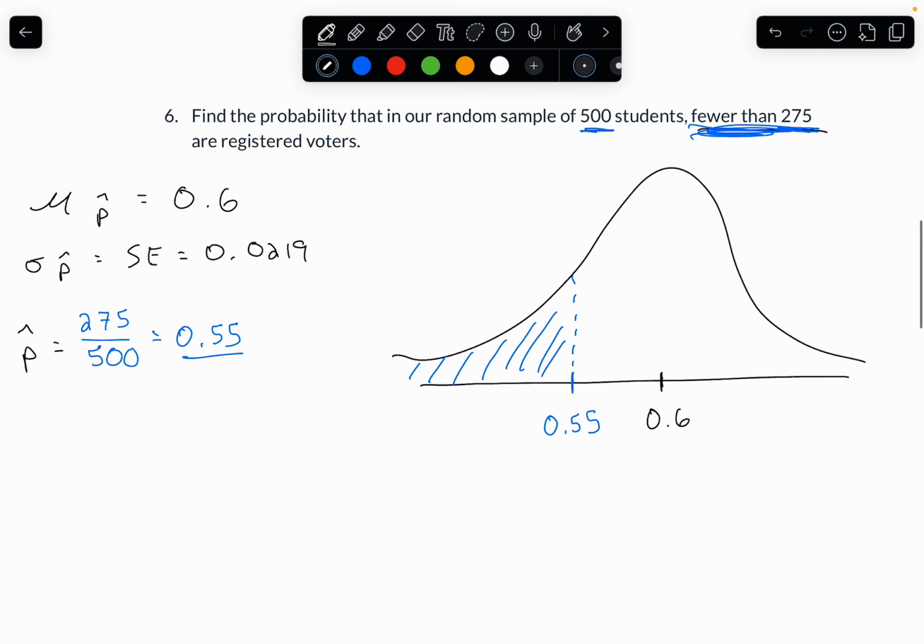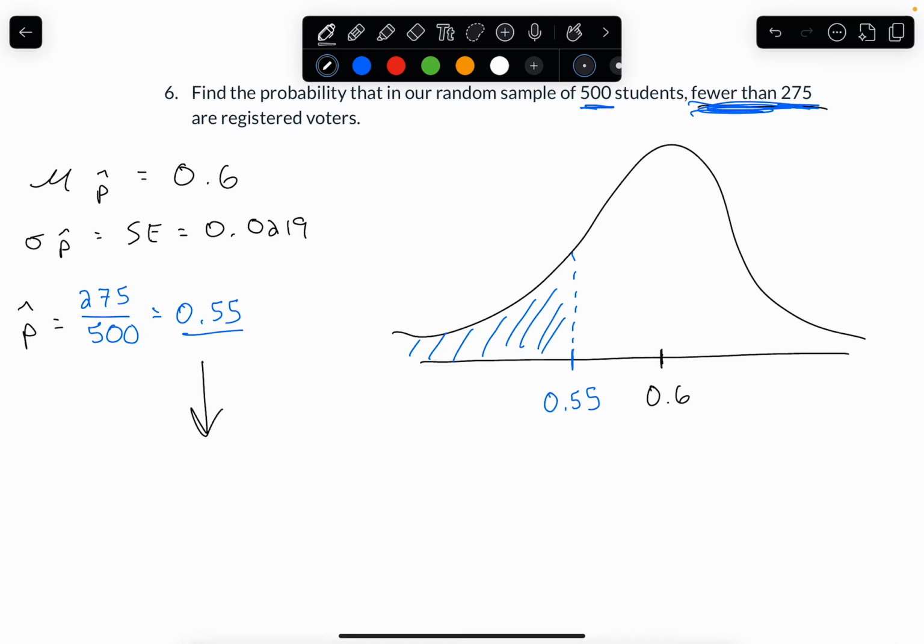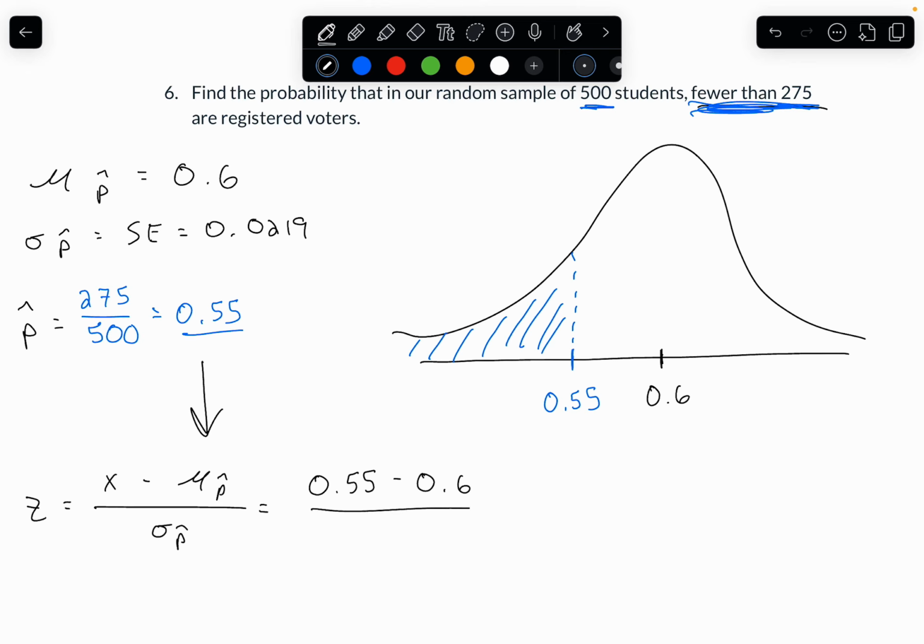So just like last time, I need to start by finding the z-score corresponding to this p-hat, and then once I have that, I can use my z-table. So my z-score, we said, was x minus the mean of the sampling distribution divided by the standard error, or the standard deviation of the sampling distribution. So x is 0.55 minus my mean, 0.6, divided by my standard deviation, 0.0219.